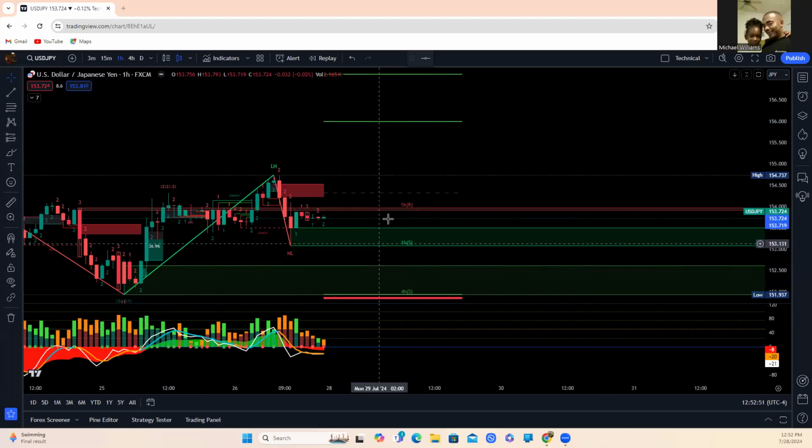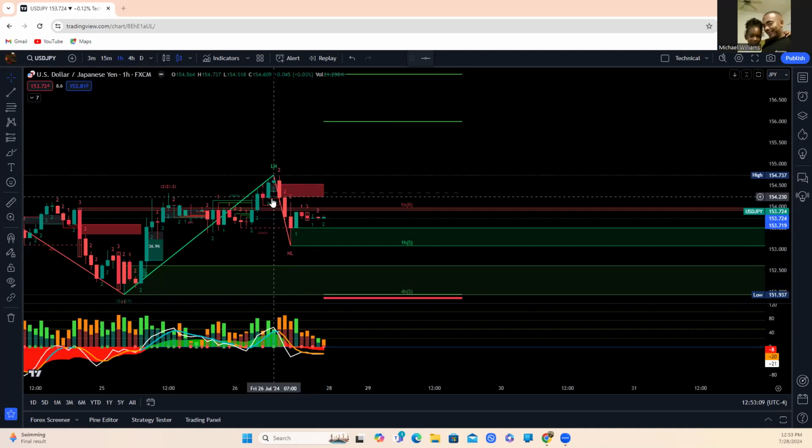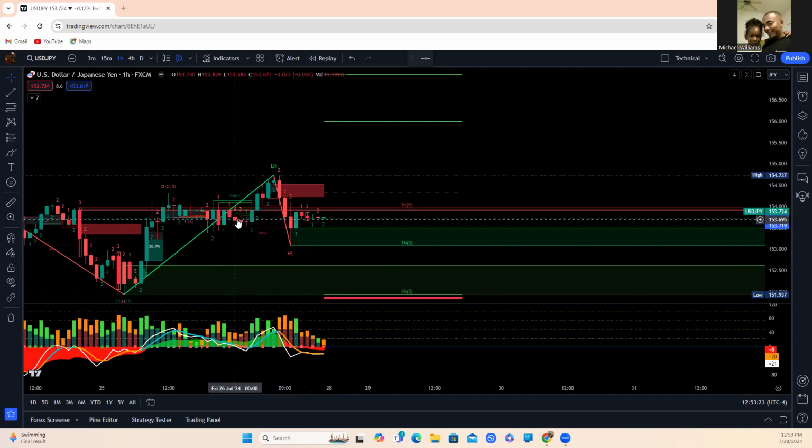Of course, you see our 1 hour support, our 1 hour resistance, our 4 hour support, and then we have our liquidity, based off the liquidity indicator. Then we have our Red K EverX oscillator for momentum. Of course, we have our structural indicator that gives us our lower highs, higher lows, higher highs, and lower lows. Then we also have our change of character. So a couple of different things combined into one to make one ultimate trading strategy. Hopefully with this new addition, it makes things even better for us.